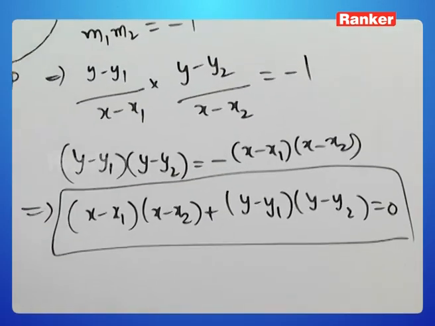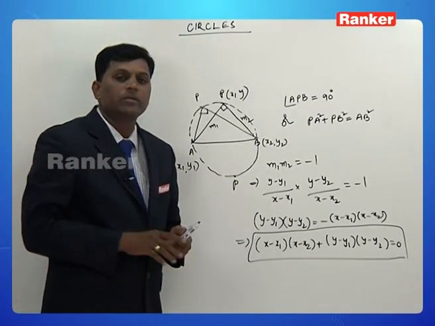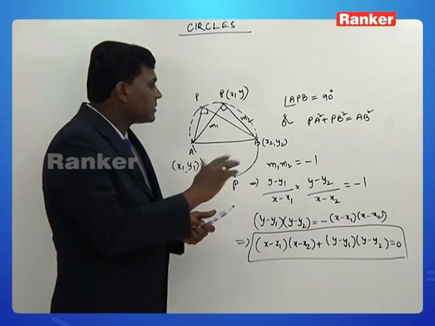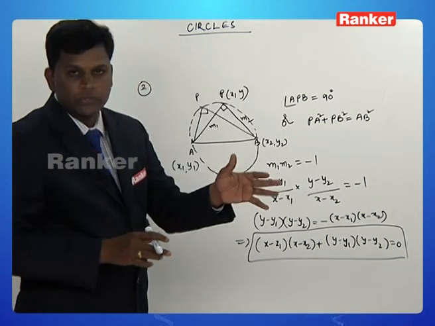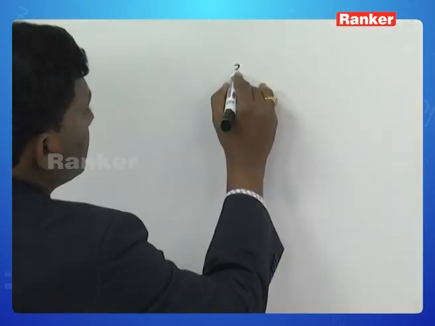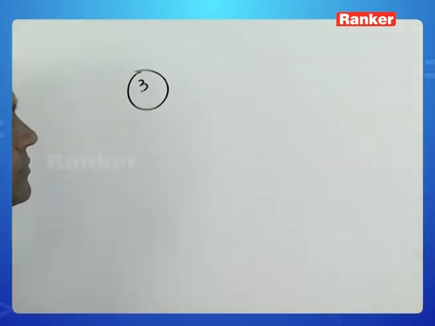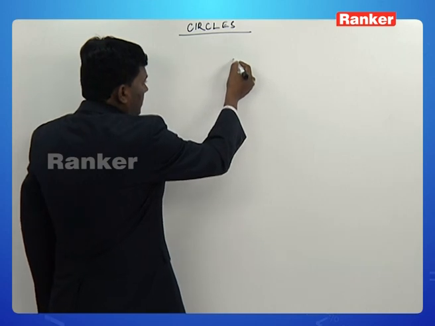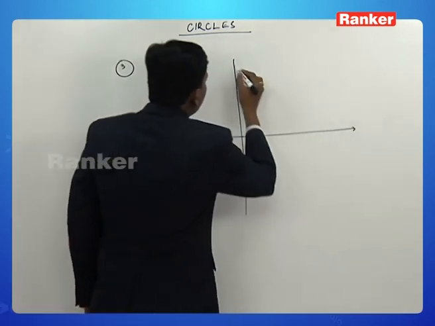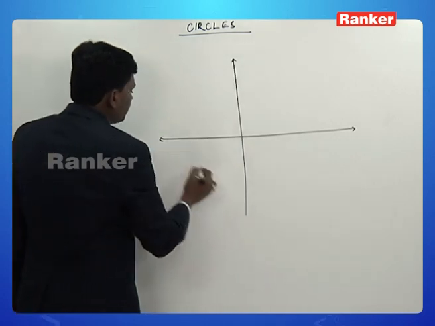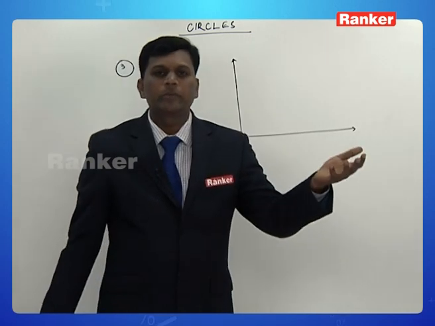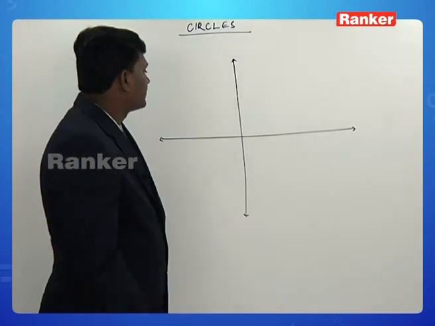Not only these two cases, many other cases frequently give the locus as a circle. So let us see some other cases also apart from these two standard cases. Coming to the third one, let us imagine two perpendicular lines in the plane. They need not be coordinate axes, any two perpendicular lines we have chosen.